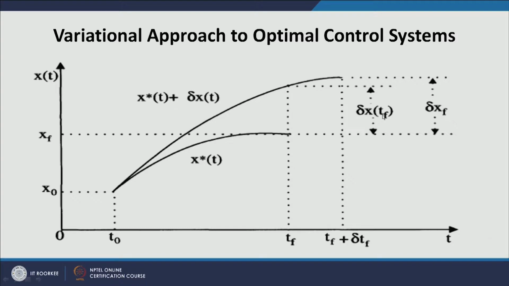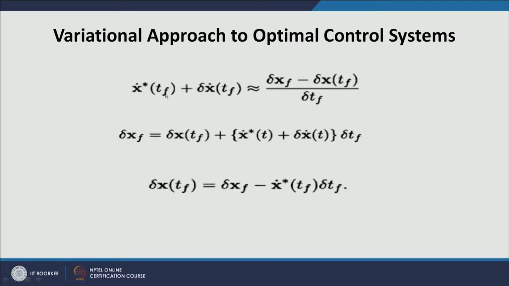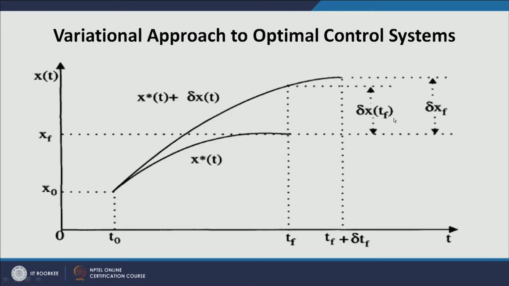So what we are saying is that x dot of tf at the optimal point plus delta x dot of tf, we are approximating as delta xf minus delta x of tf, because this is the value at tf and this is the value at tf plus delta tf, the difference between these two divided by delta tf.